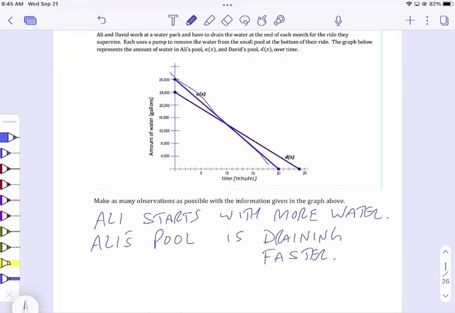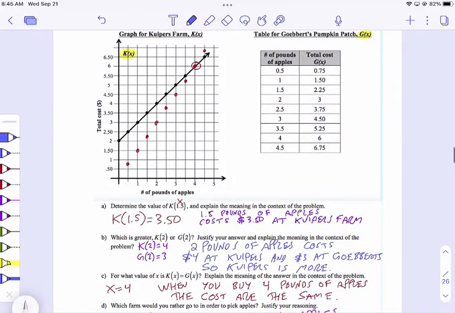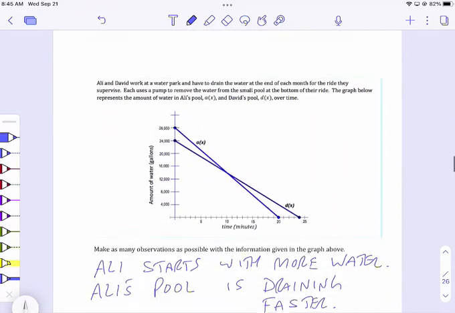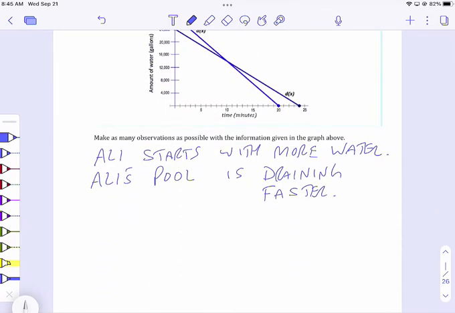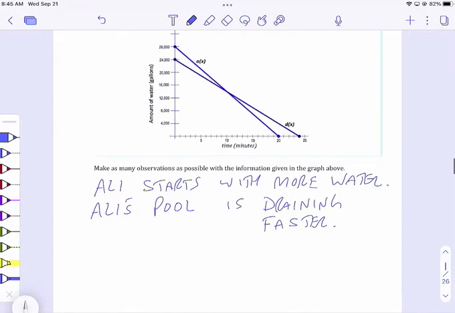His line is steeper. Steeper is faster. Whether it's going up or down, steeper is faster. This Ali one is steeper, and these are both going down, so it's faster. He also gets more water out in less time, so it's definitely faster. Okay. What else you got?